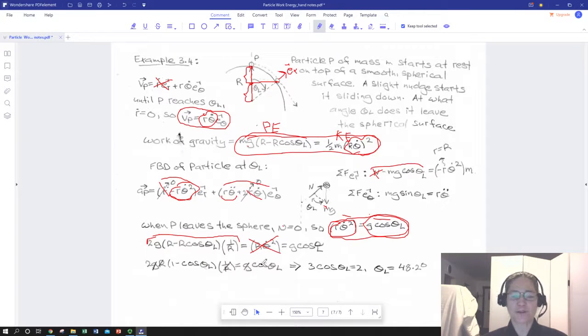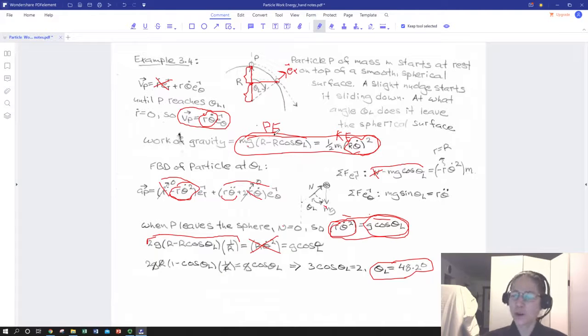So now we just do some algebra and say that, okay, our cosine of theta L is going to equal 2/3, so theta L is a single number at the end. So did we need potential kinetic energy? Did we need a work energy expression to actually get an equation of motion that involved the departure point?